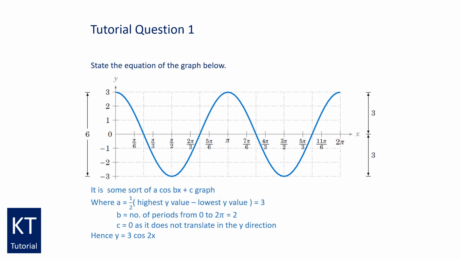And b is the number of periods for theta ranging from 0 to 2 pi, and this is 2. In this case, c is 0, as the graph does not have a translation in the y direction. Hence, the required equation is y equals 3 cos 2x.